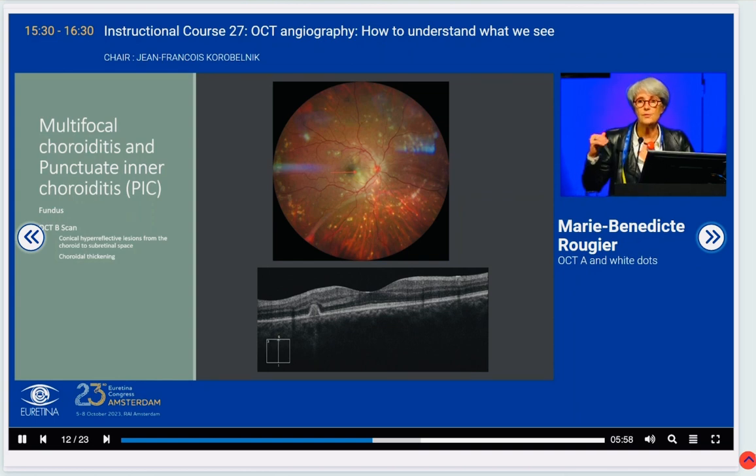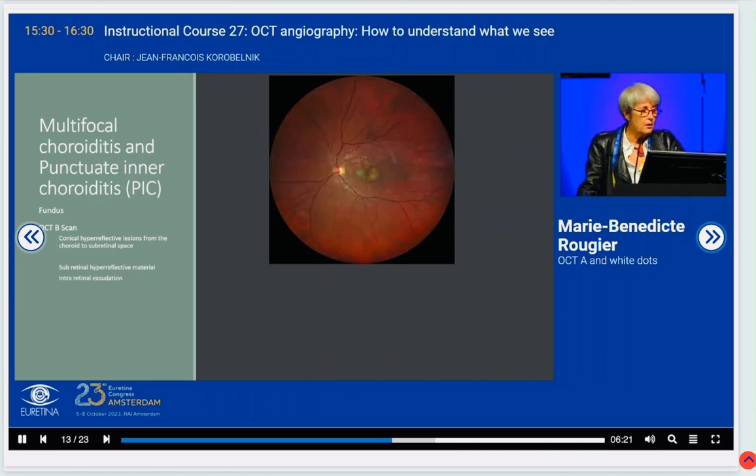And if you perform a B scan through a new lesion, you can see these typical conical hyperreflective lesions, which extend from the choroid to the subretinal space. And sometimes, like here, you can also see that there is a choroidal thickening.